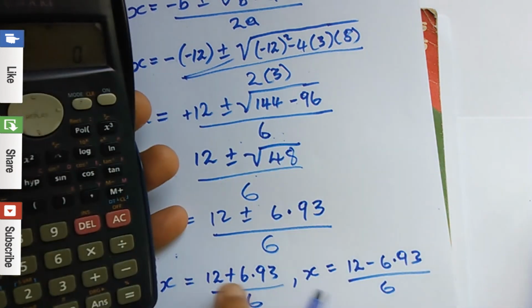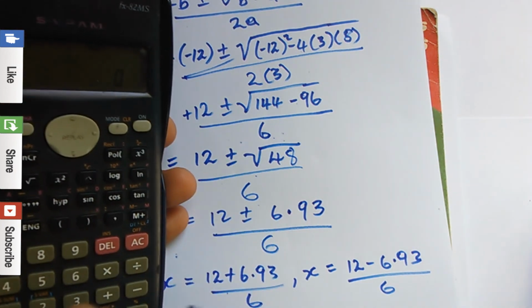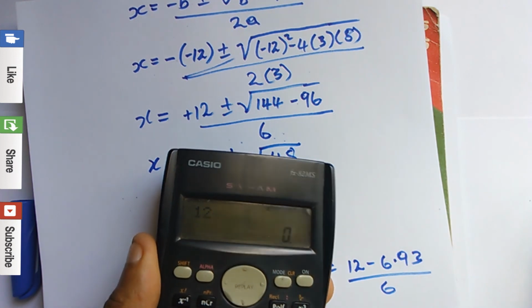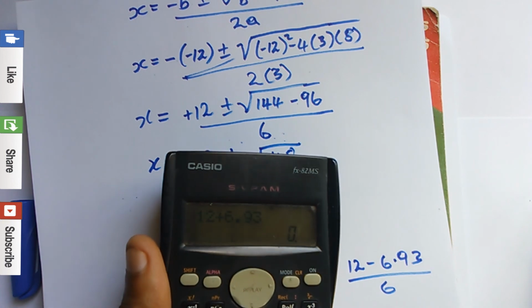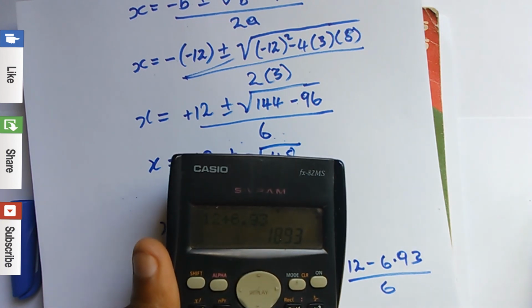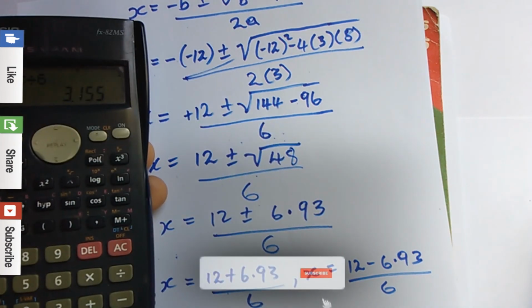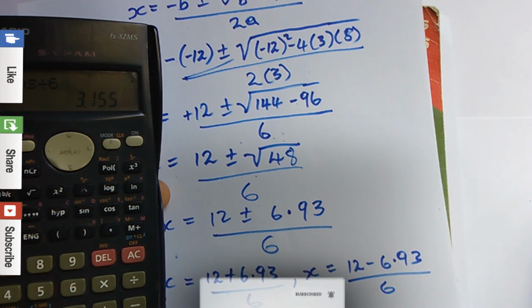So I'm just going to use my calculator and work these out. I'm going to add these, press equal, then divide by 6. So I'm going to have 12 plus 6.93 equal 18.93. Then I'm going to divide by 6. So x is equal to 3.155.